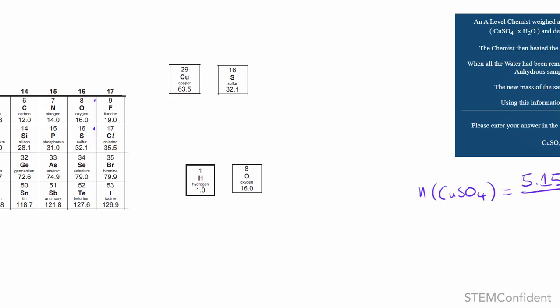So what we can say is the molar mass Mr for CuSO₄ is going to be 63.5 plus, so that's for copper, sulfur's relative atomic mass 32.1 plus, and then this is O4, so we're going to do 4 times the relative atomic mass of oxygen, so 4 times 16, right?